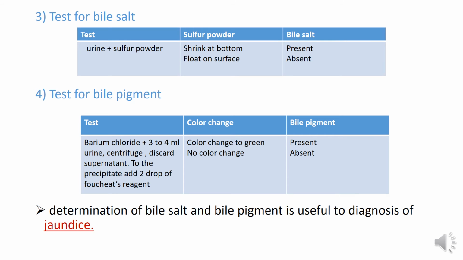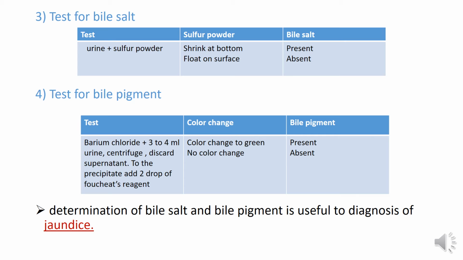Because barium chloride reagent is added to urine, it reacts with sulfate radicals and a precipitate of barium sulfate is formed. If bile pigment is present, it will adhere to these large molecules. Ferric chloride present in Fouchet's reagent oxidizes yellow bilirubin, in the presence of trichloroacetic acid, to green biliverdin.